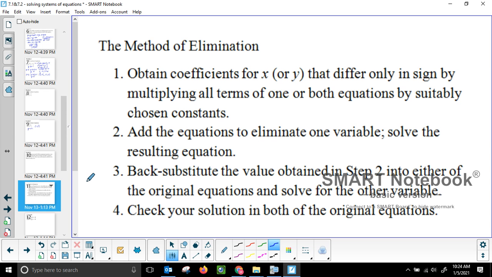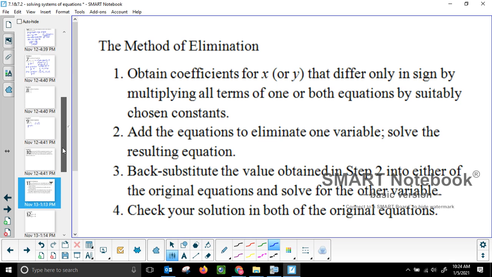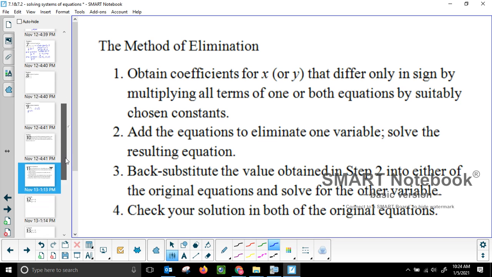That way, when you add them together, that variable will cancel out. Then you'll just be able to solve for the other one. Then you plug it back into either of the original equations, and you're good to go. So we'll look at a couple of examples of that.